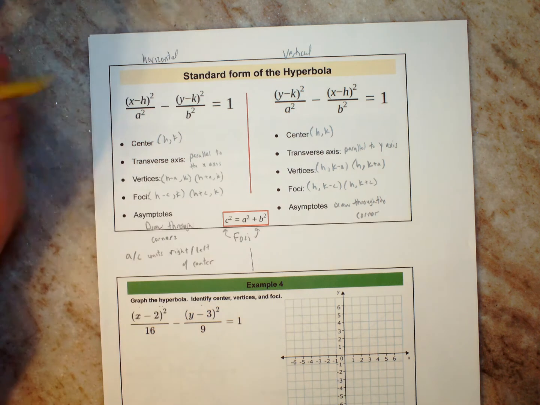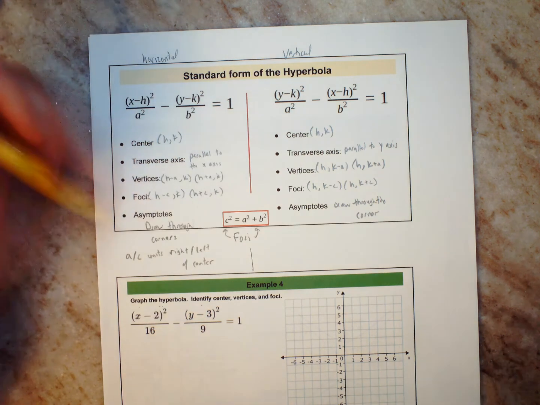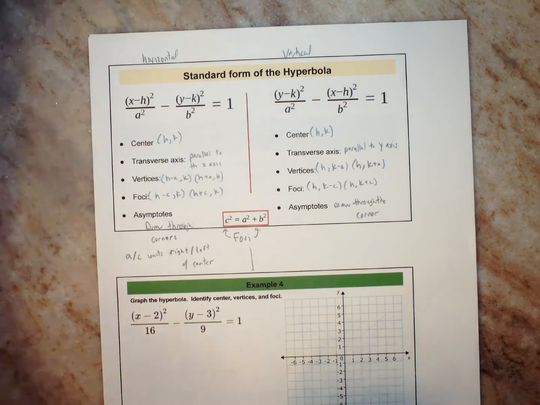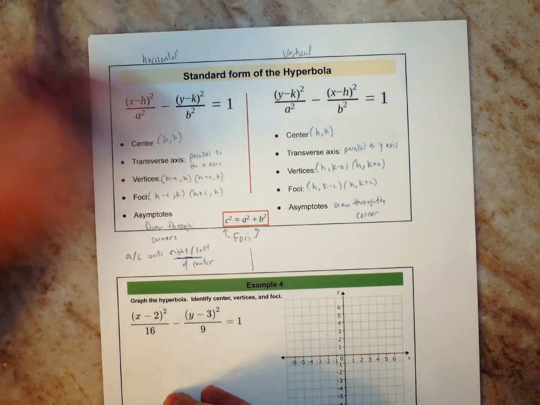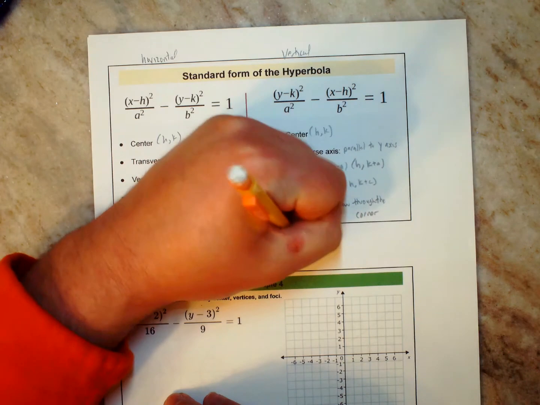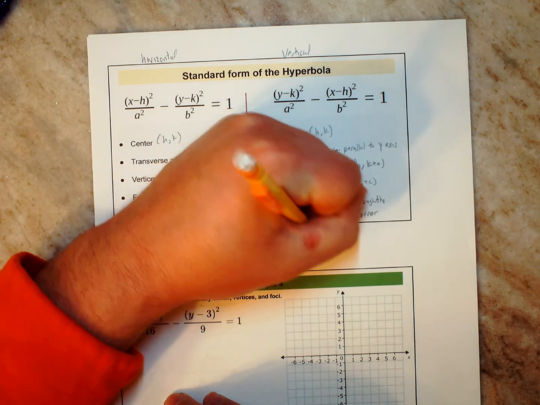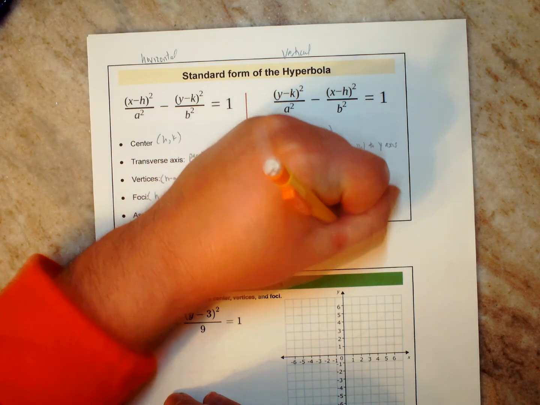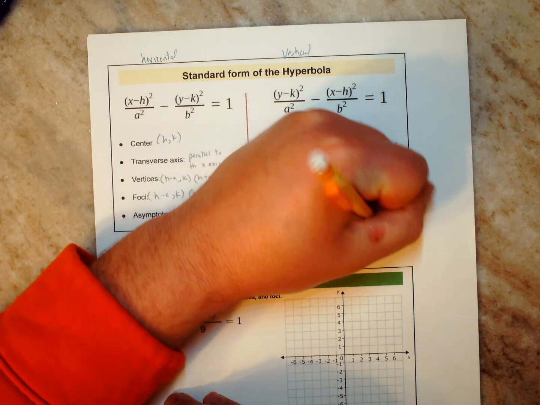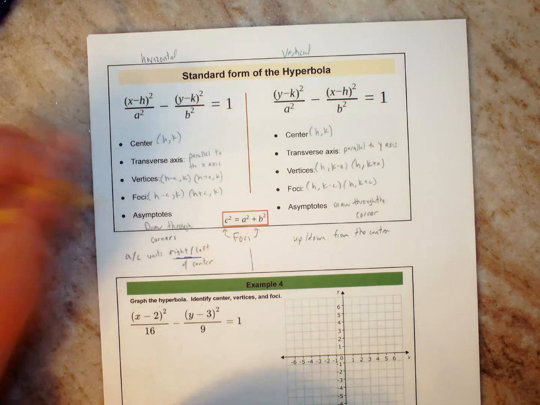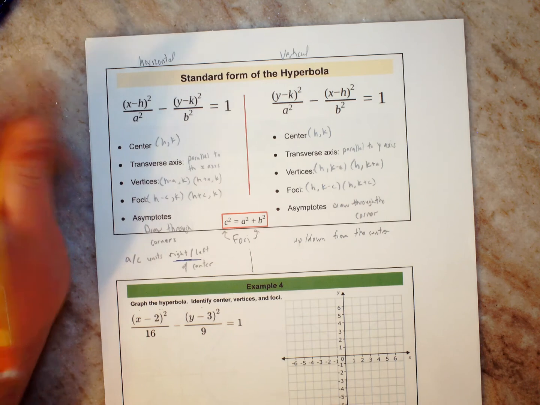So whether you're doing the vertices or the foci, you're going right or left of the center. For the vertical, you're going up or down from the center. That's just like your little introduction.